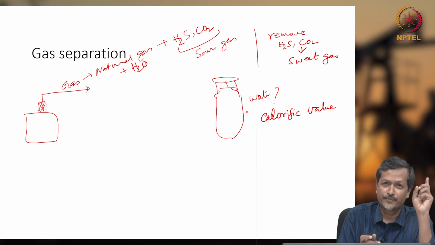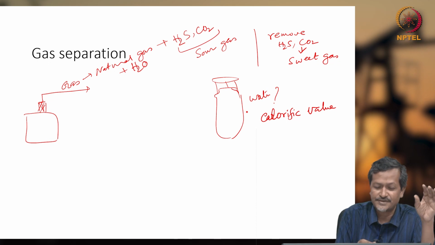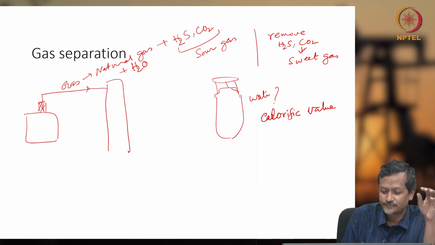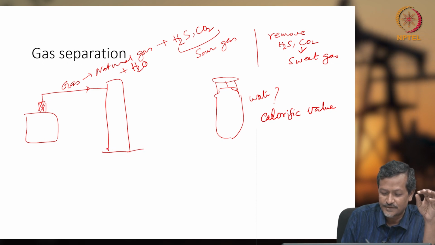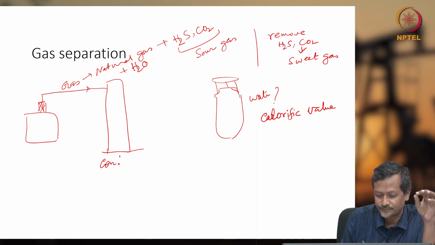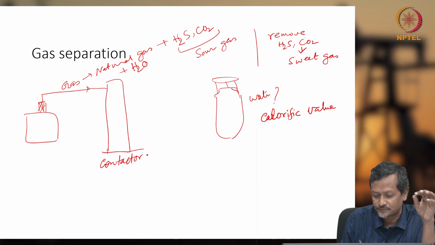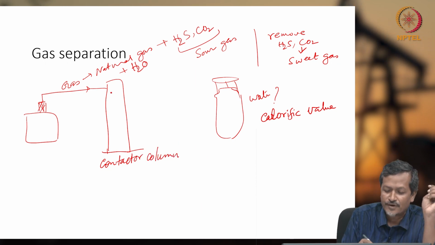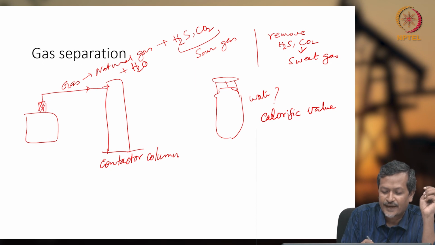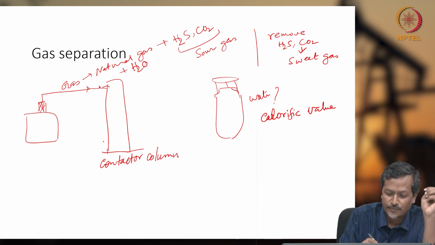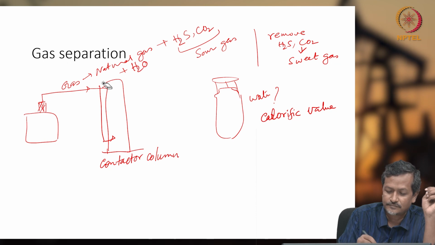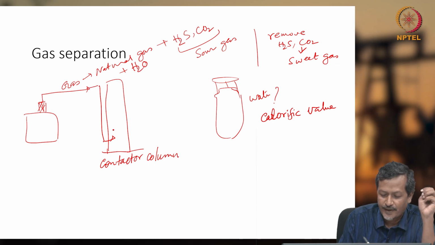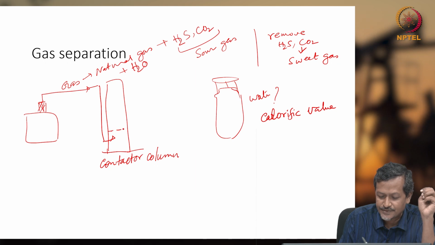So, during the production phase, you will have a contactor column. This is called a contactor column. In the contactor, what do you do? You inject gas from the bottom, and there will be a column like this.